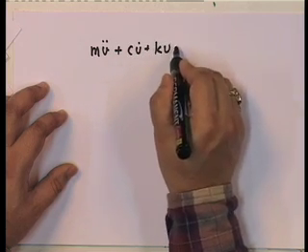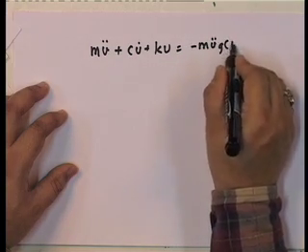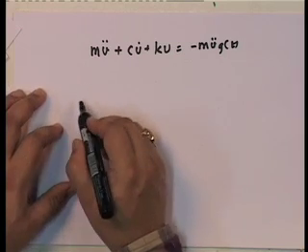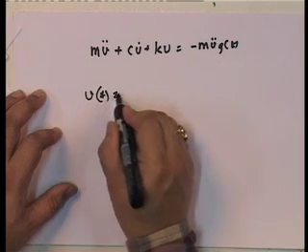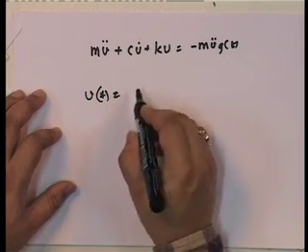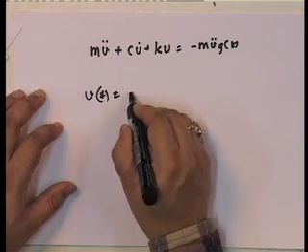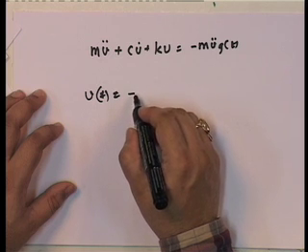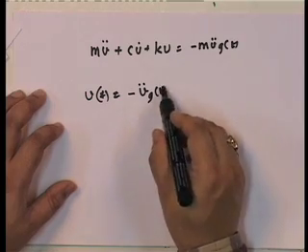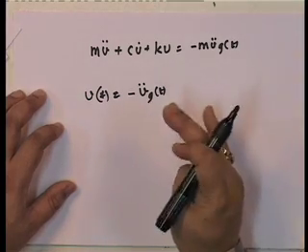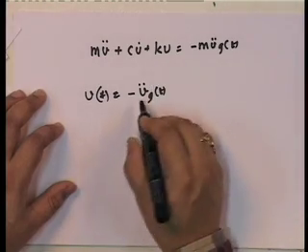This one is minus m v g double dot, and what we got was that v of t was equal to minus v g double dot, this is m upon k. So, what do you get?